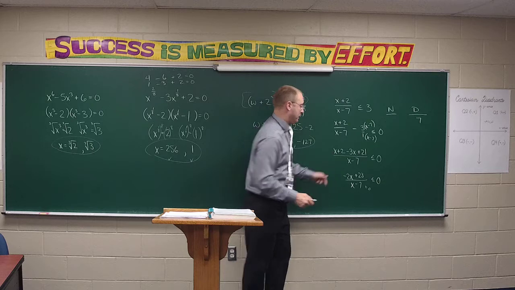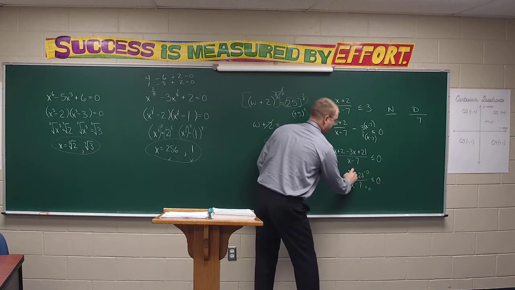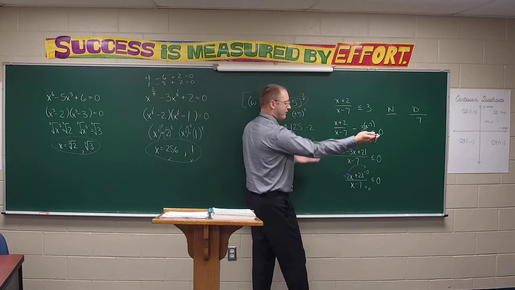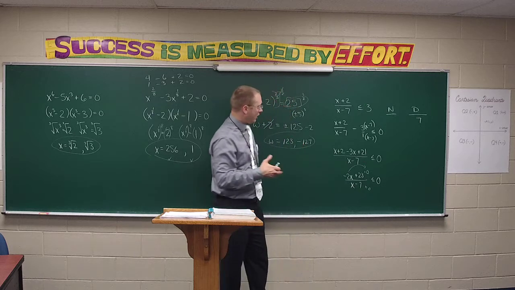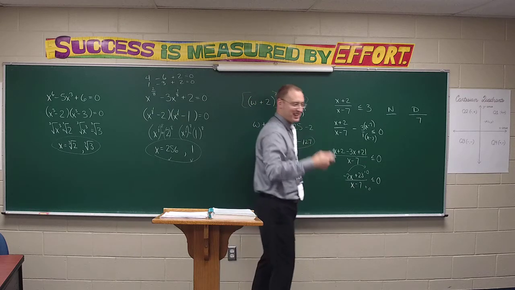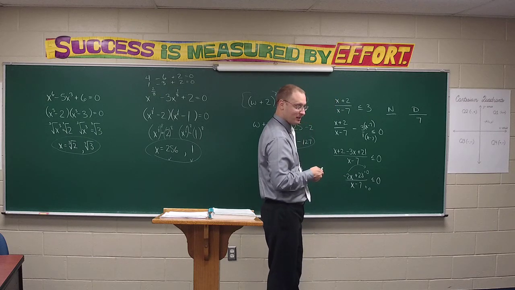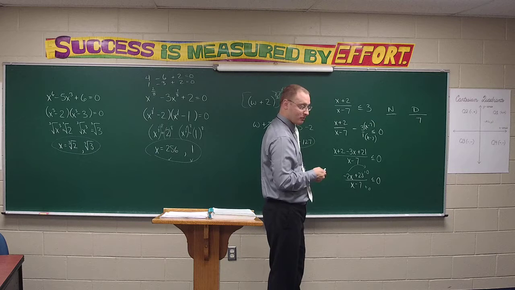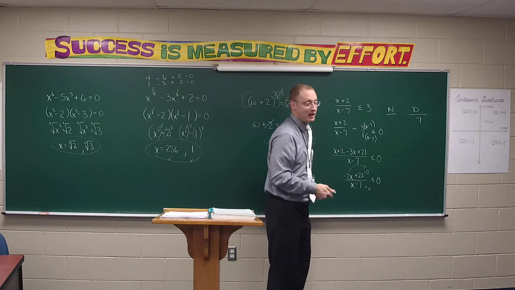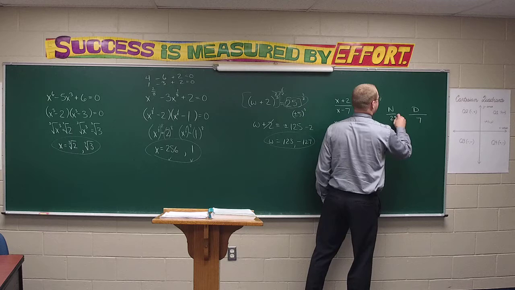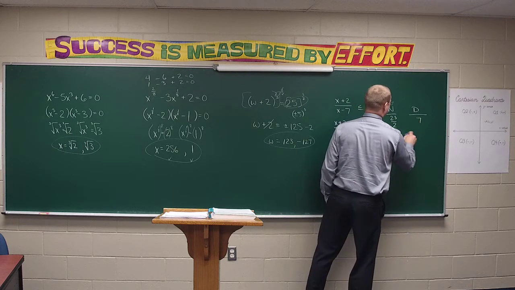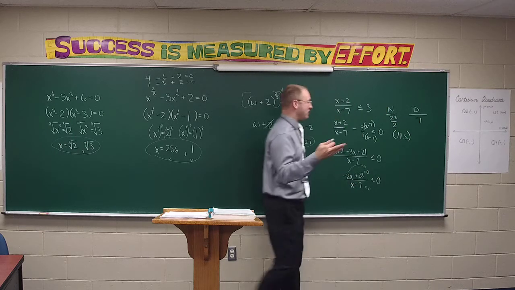My numerator separator point, when I set this to 0, I'm going to send the 2x over as a positive and then divide away the 2 to get what unfortunate numerator separator point, Kendall? 11 and a half. I'd rather say 23 halves because I'm lazy. But practically speaking, yes, that's 11.5.